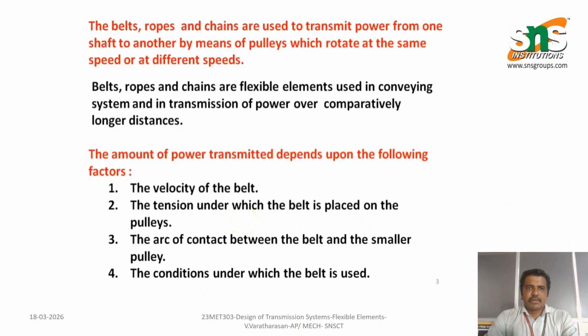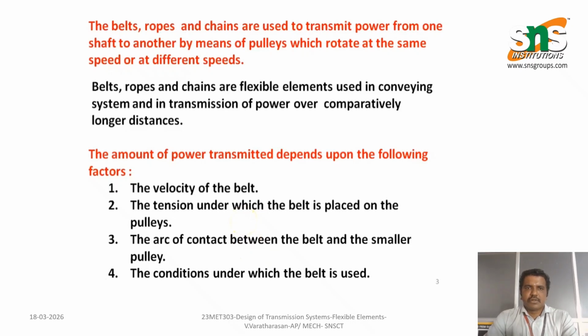Here we are going to see how belts, ropes and chain drives are used to transmit power, how power is transmitted from one element to another. That is a very important criterion, not only for belt, ropes and chain drives; gears work the same way. So across the area of transmission elements we will see how power is transmitted from one place to another.